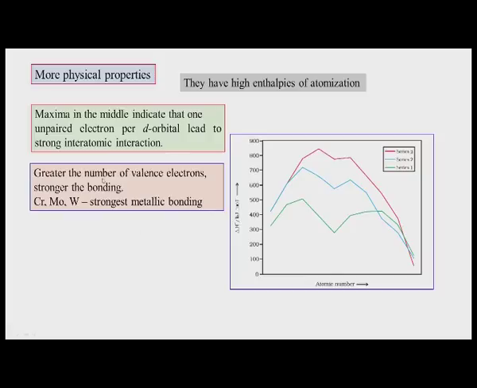And once we have the greater number of valence electrons in the penultimate shell, that means the d level, when it is chromium, molybdenum and tungsten, we have 6 electrons in the 3d level, 4d level and 5d level. So, they also lead to strong interatomic interaction and strong intermetallic interactions, leaving behind to us a strong metallic type of bonding.